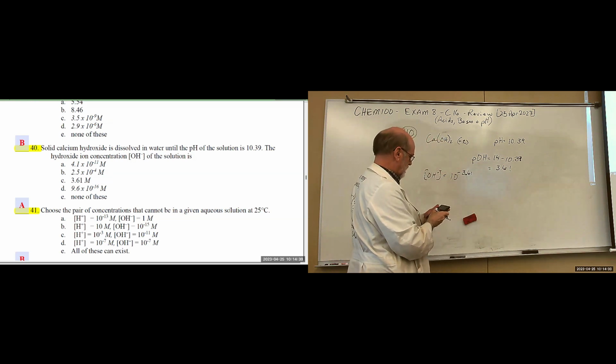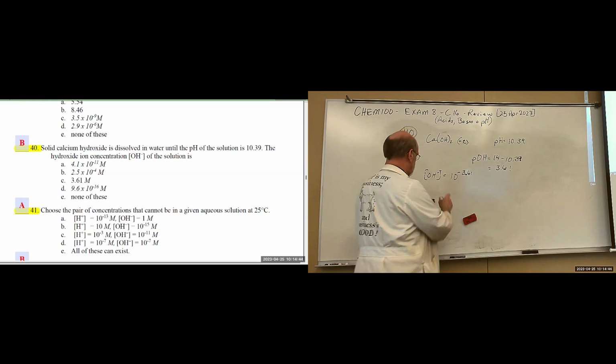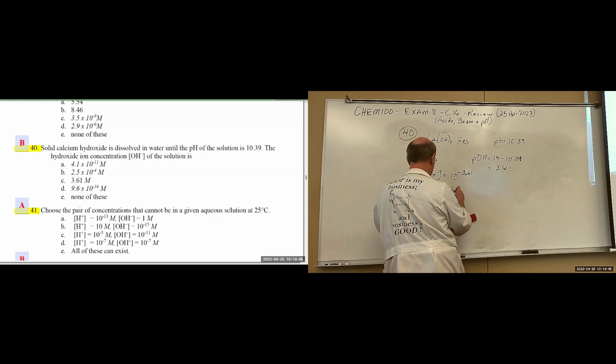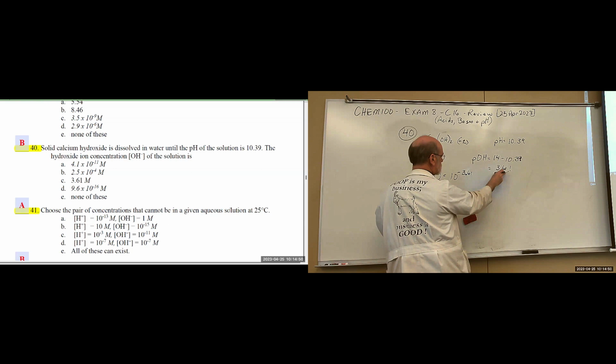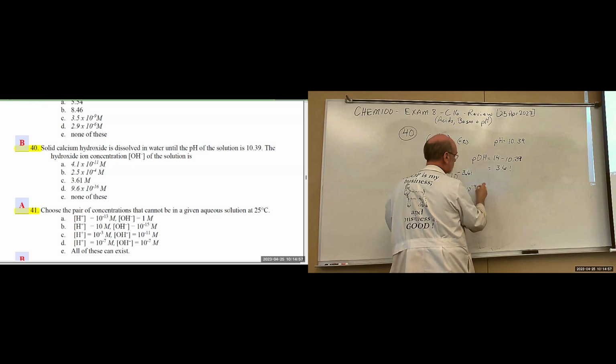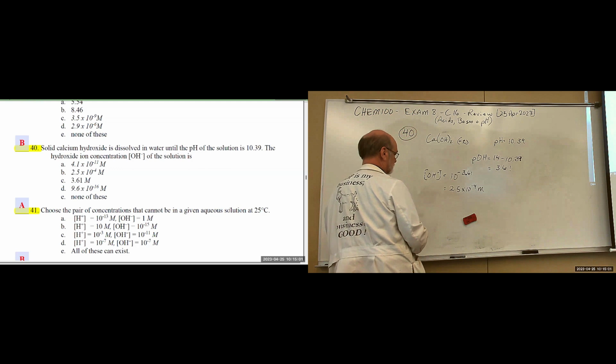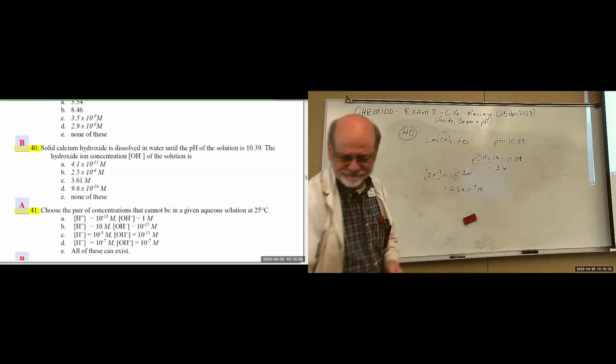Let me change the sign here and 10 to the x. There we go. So that concentration is, to 2 significant figures, 2.5 times 10 to the minus 4 molar. That would be B.